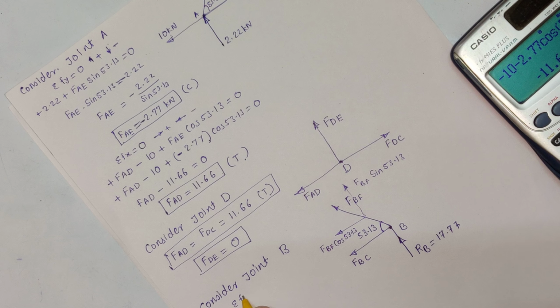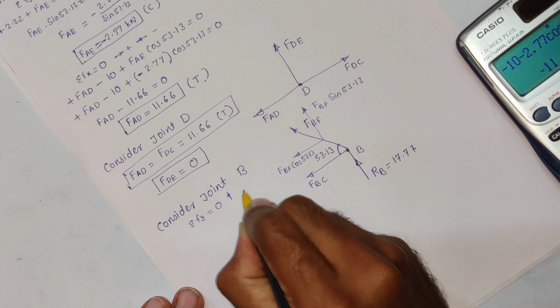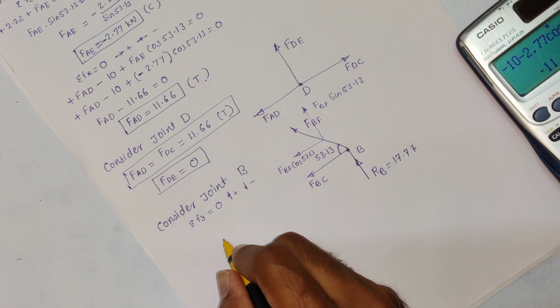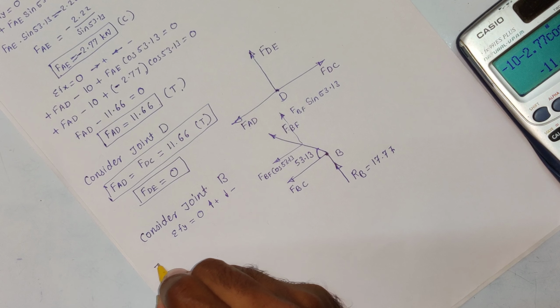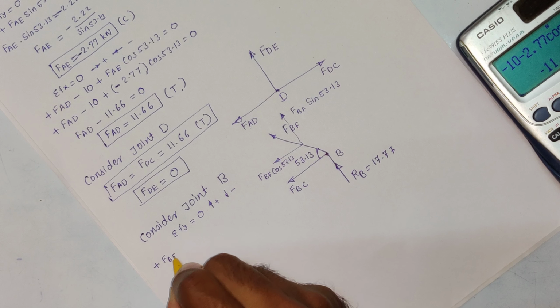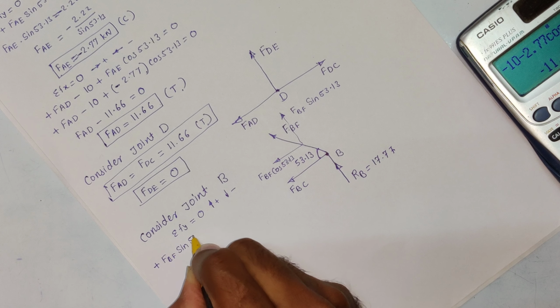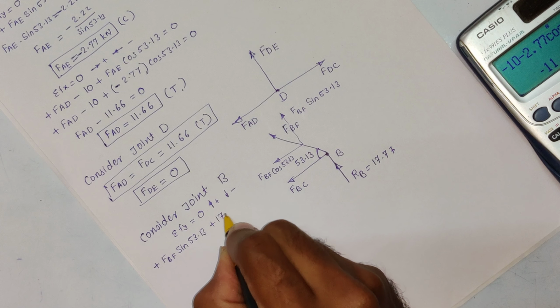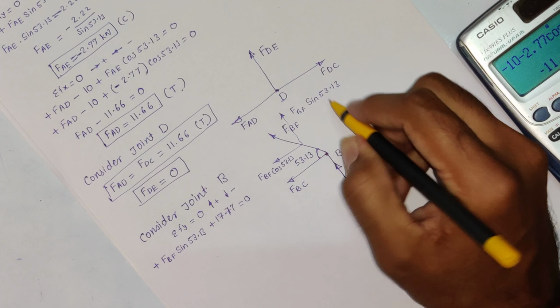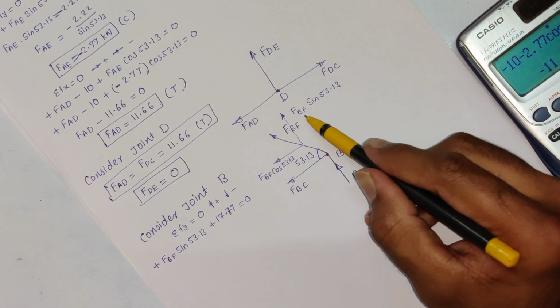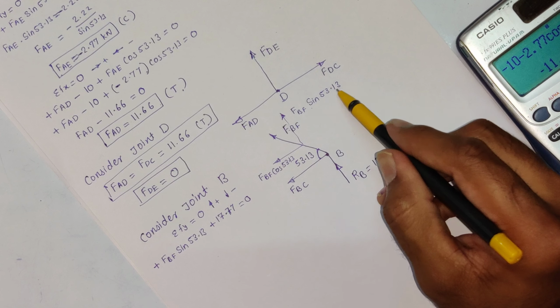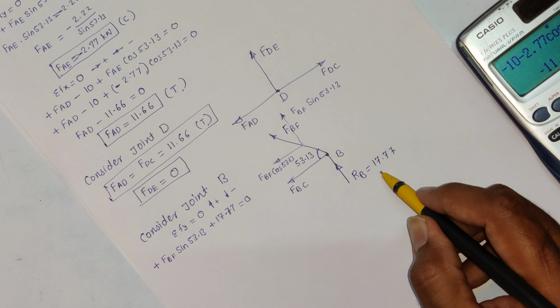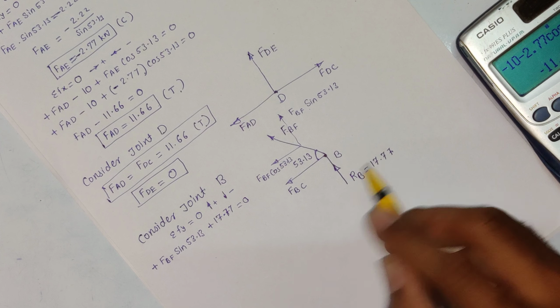Summation of Fy is equal to 0, upward plus downward minus, so plus FBF sin 53.13 plus 17.77 is equal to 0. See how many vertical forces? One is this FBF sin 53.13 and another one is this reaction, that is 17.77.